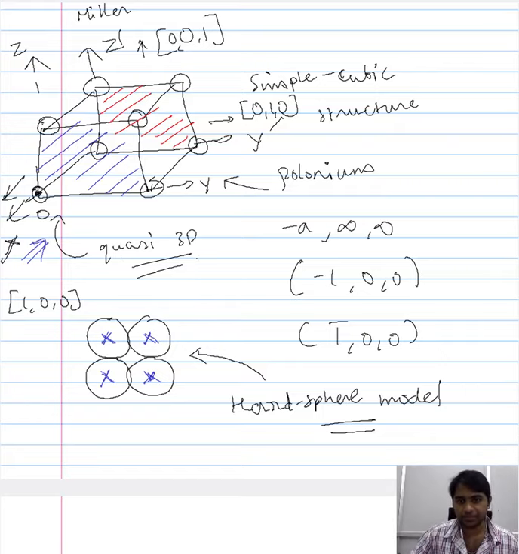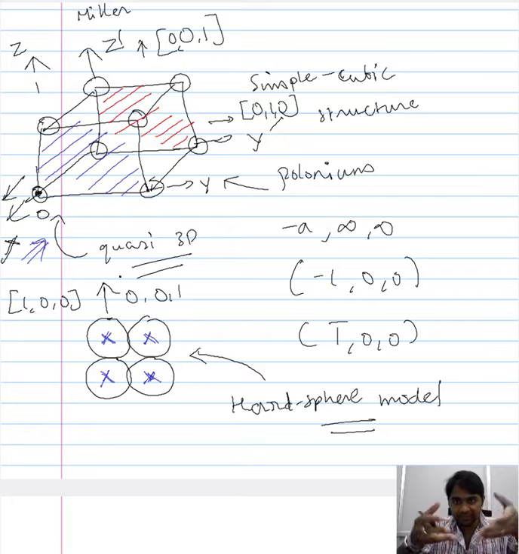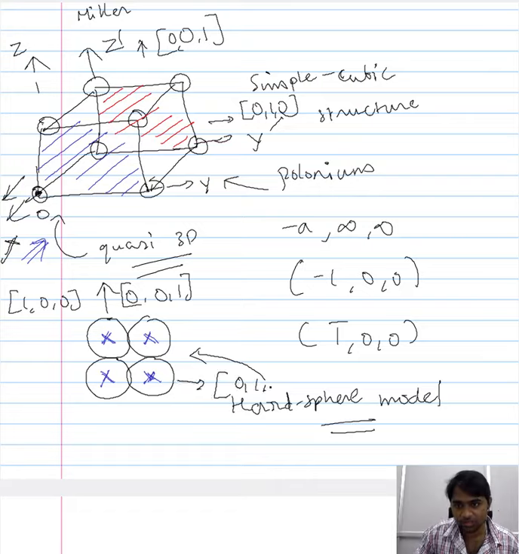As you can see, the direction that we are viewing is [100], and this direction here would be [001]. We have tilted it, so this direction that was along the z-axis, since we are viewing along the [100] direction, will be like this, and this direction here would be something like [010].